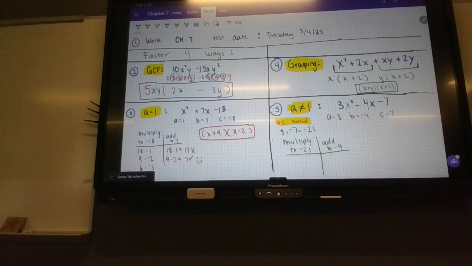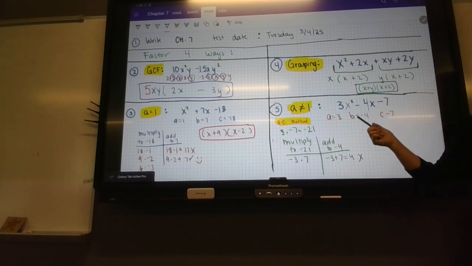Kaylee, what do you come up with? What multiplies to -21? -3 times 7. When I add -3 plus 7 together, I get a +4. I really want a -4. So how can I switch this around?